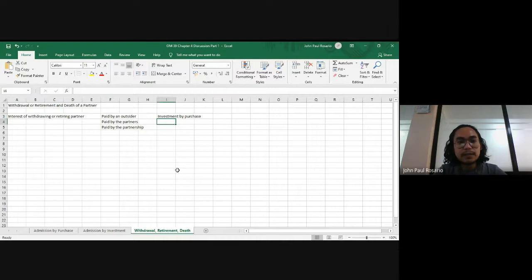Now, the second one is paid by the partners. So, in this case, instead of inviting new partners, the interest of the retiring partner will be divided by the remaining partners according to their profit or loss ratio, or depending on how much they would buy from the interest of the retiring partner.